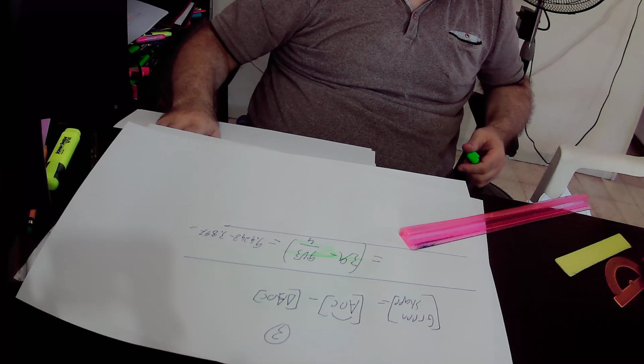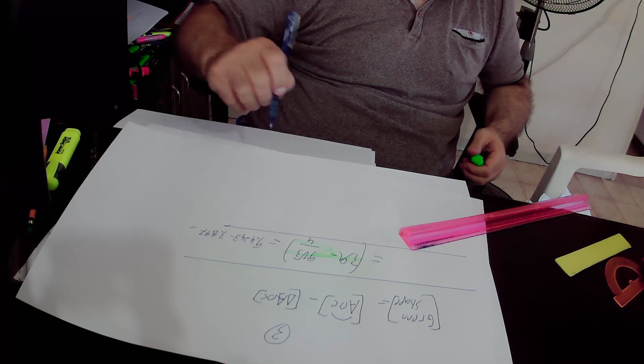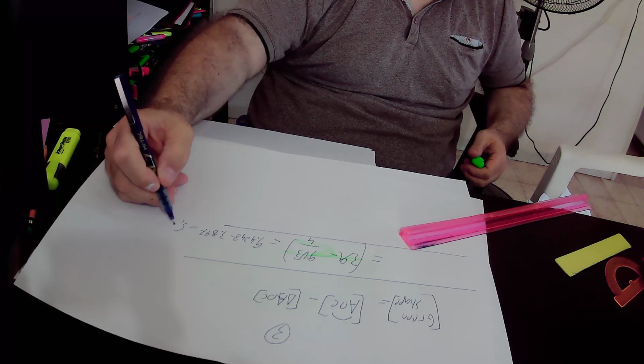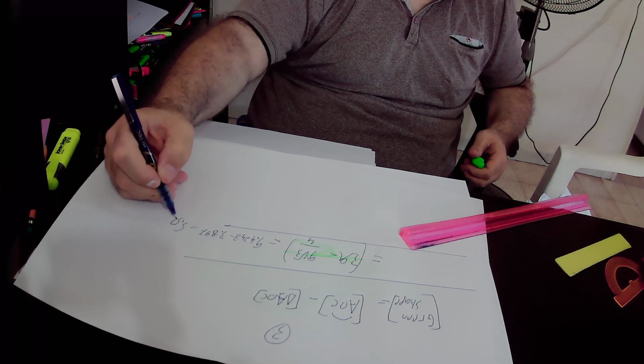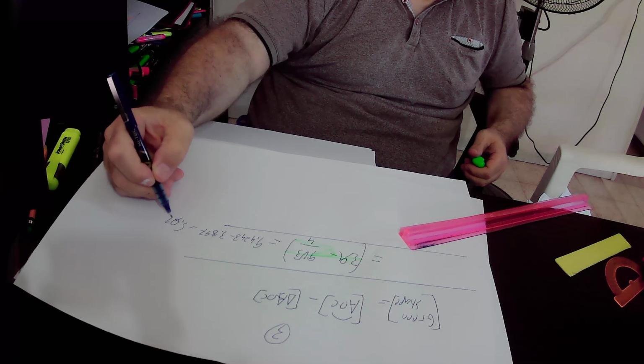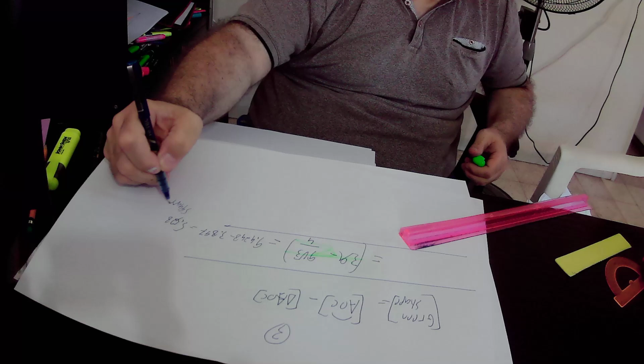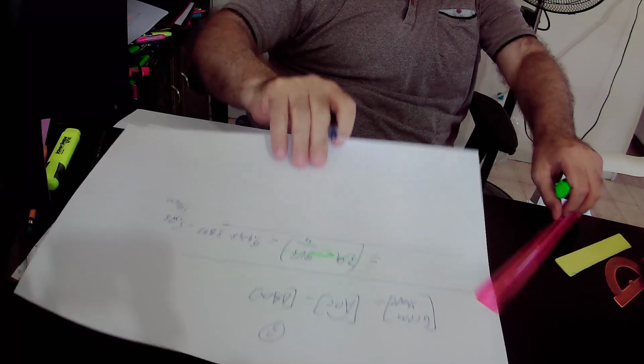So 9.4248 minus 3.897, the area equals, in terms of numbers, 5.528 square units.